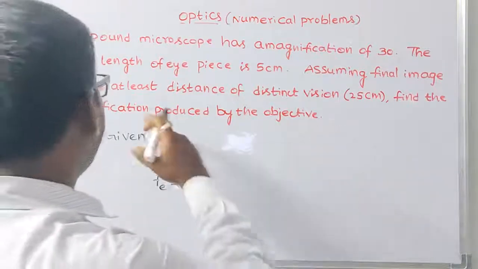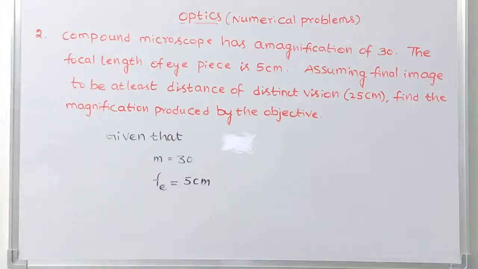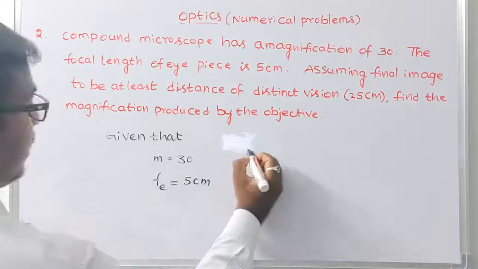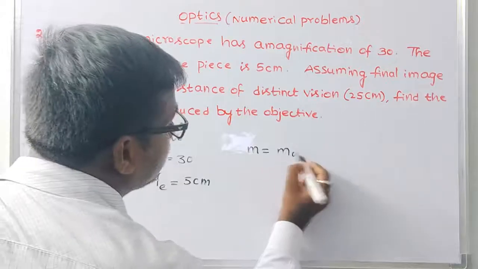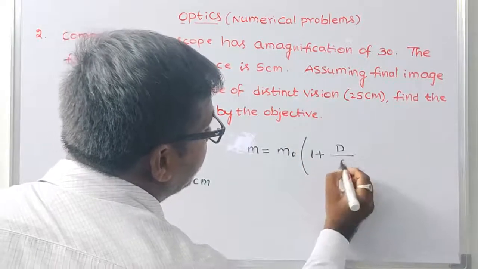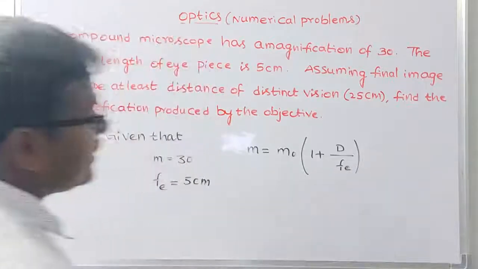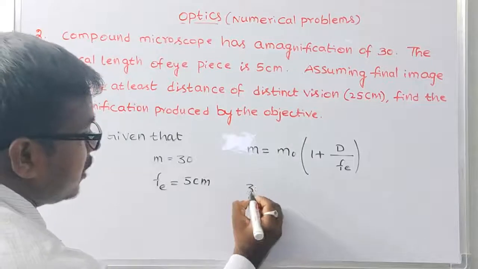Assuming the final image to be at the least distance of distinct vision, that formula is m is equal to m naught into 1 plus d by fe. Okay, here m is equal to 30.